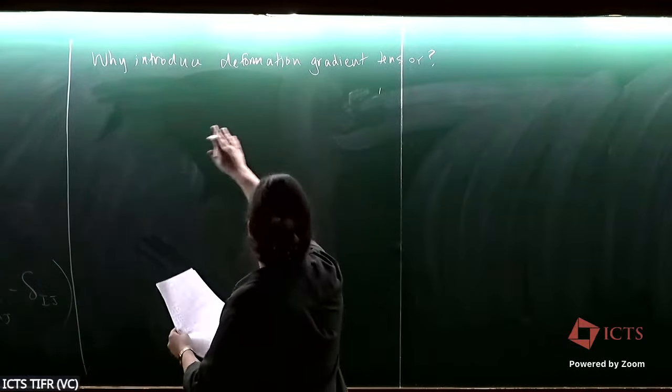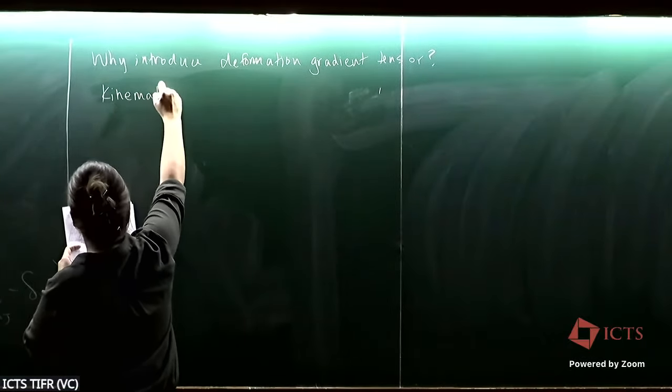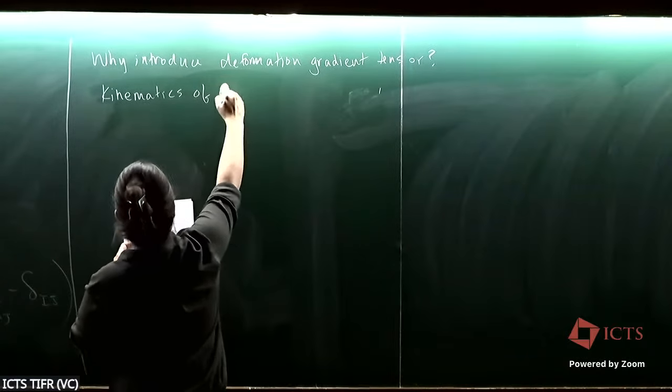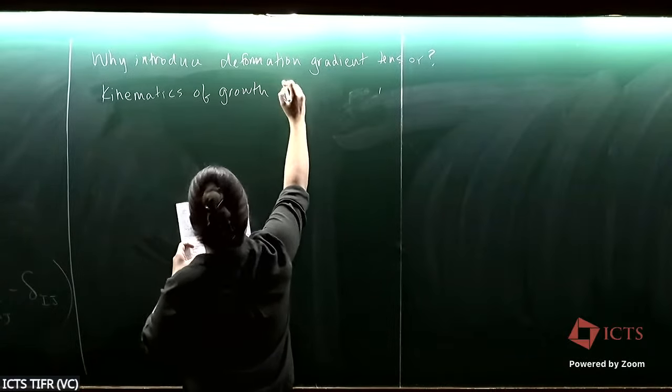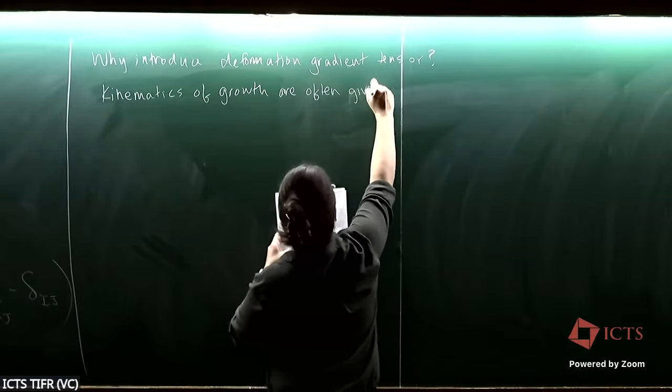If you want to see a lot more and get some examples, see Slaughter's book on the not so linearized theory of elasticity. For us, a compelling reason is that the kinematics of growth are often given in these terms.